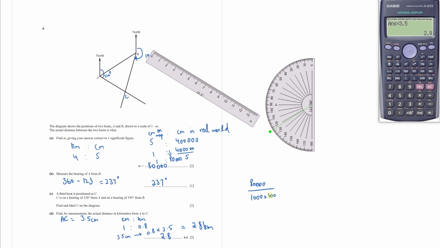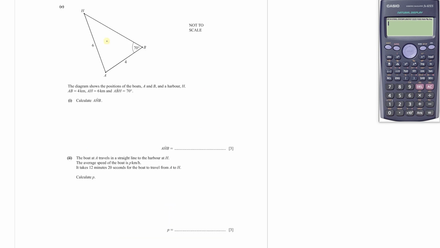You divide by 100 first to get into meters and then divide by 1000. This will give you 0.8 kilometers. So 1 centimeter is 0.8 kilometers in the real world. So 3.5 centimeters, which is this length AC, will be 0.8 times 3.5, which is 2.8 kilometers. So your distance of point C from A is 2.8 kilometers.